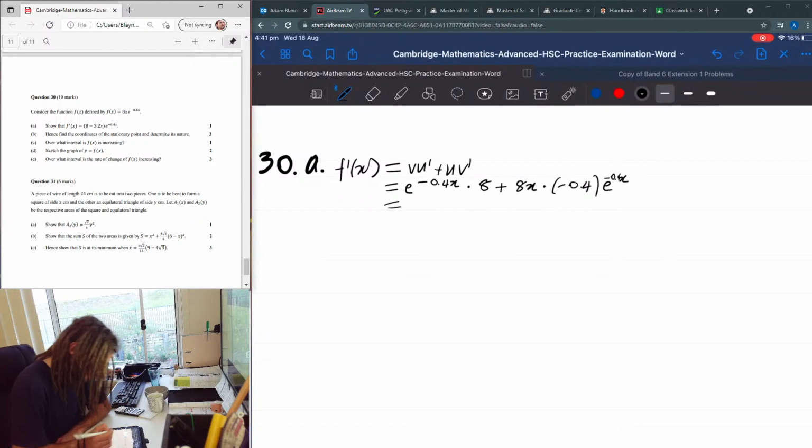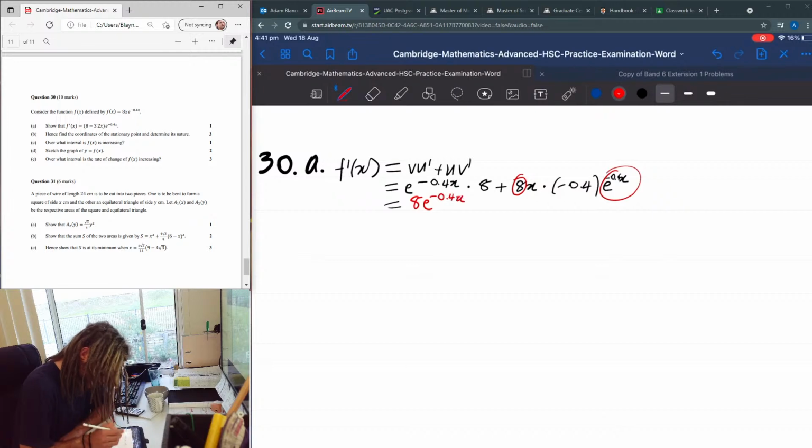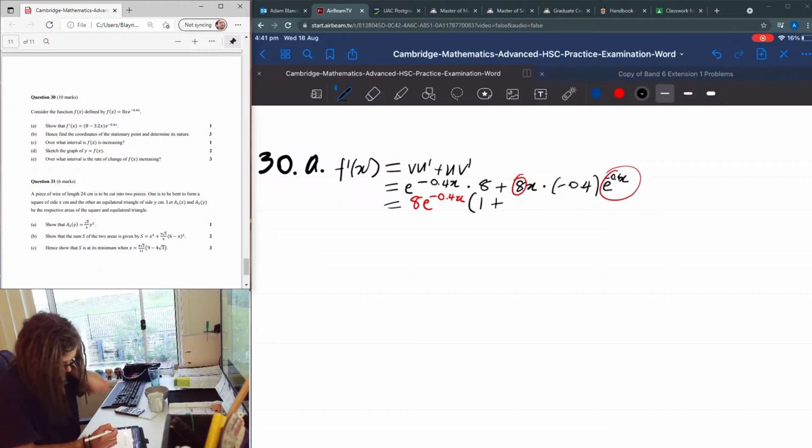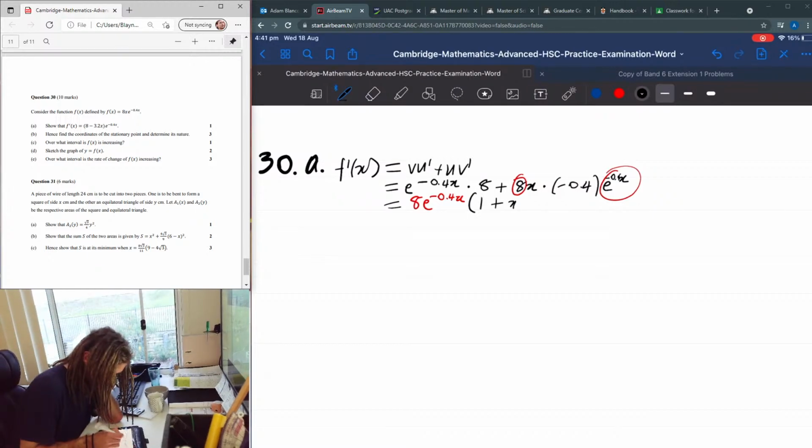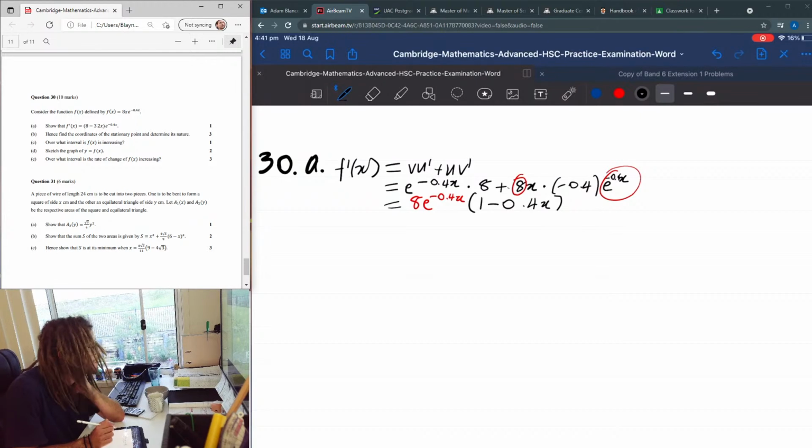Alright, let's tidy that up. What have I got in common? I've got this and an 8. So 8 e to negative 0.4x outside of the bracket, there was just one of that on the left, and x times negative 0.4x on that side. That's all I got.